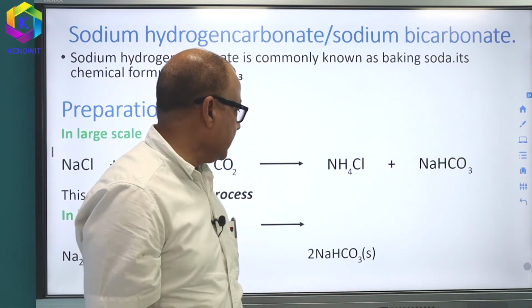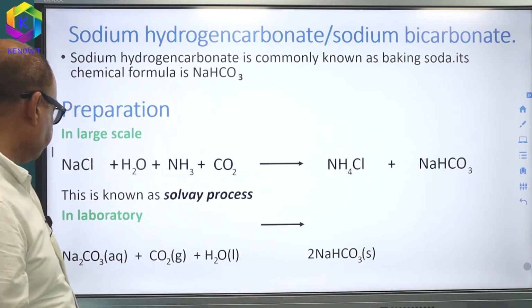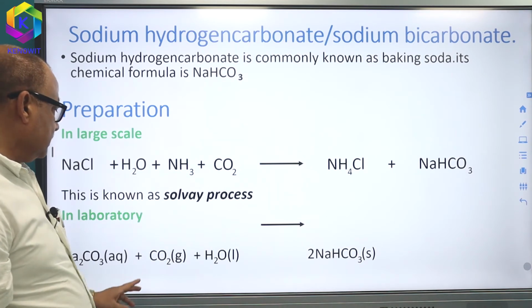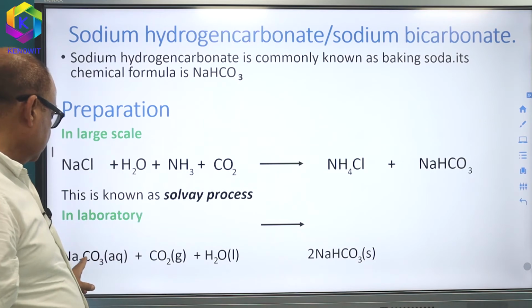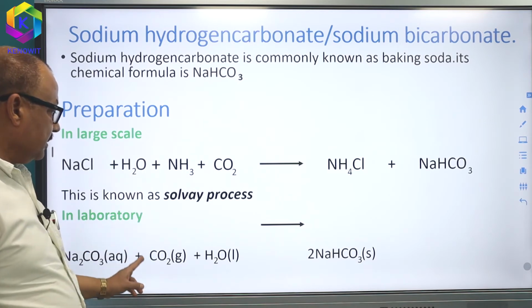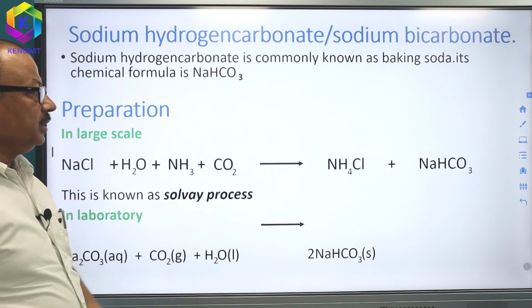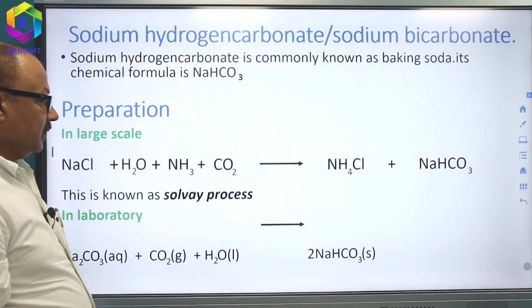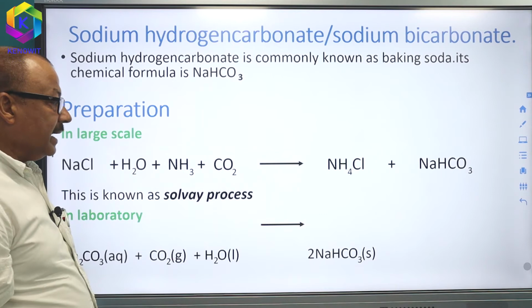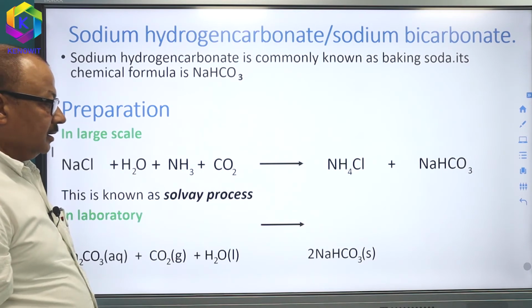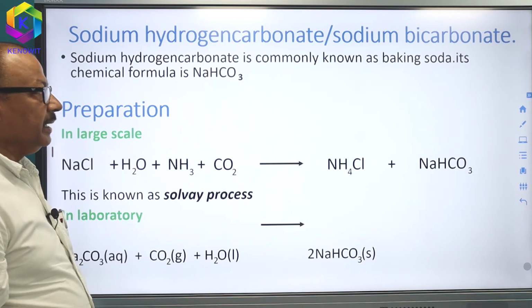This process is known as the Solvay process. Then sodium carbonate, carbon dioxide and water give sodium hydrogen carbonate. Sodium hydrogen carbonate is also known as sodium bicarbonate, and the most common name is baking soda.